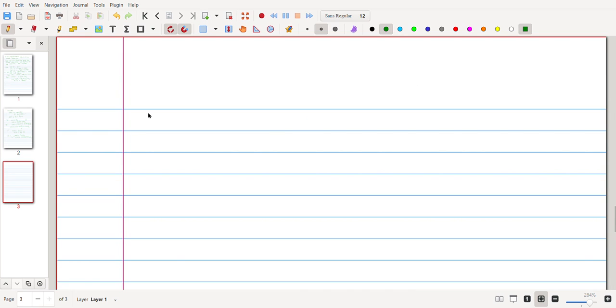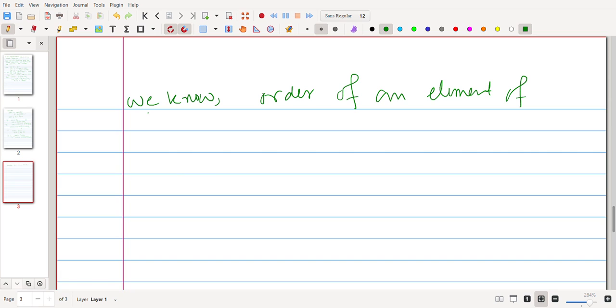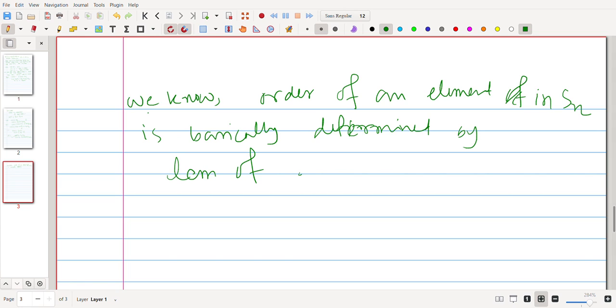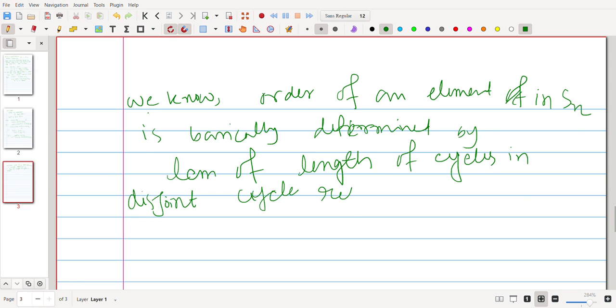Okay, the next problem. So we know the order of an element in Sn is basically determined by the LCM of the lengths of cycles in the disjoint cycle representation.